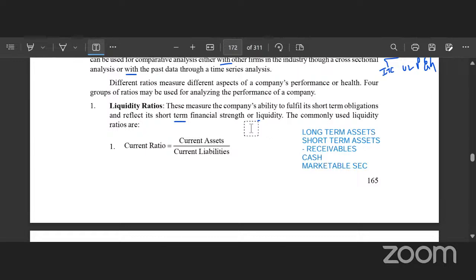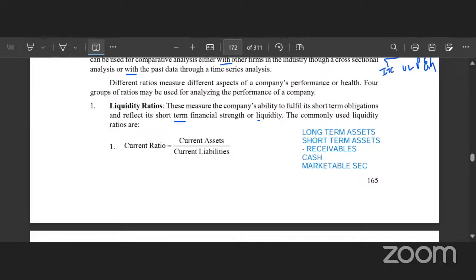Current assets are the assets which can be converted into cash within a year or operating cycle. Current liabilities are the liabilities which a firm is supposed to pay within an accounting year or the operating cycle. The widely used liquidity ratio is the current ratio, the ratio of current assets to current liabilities.